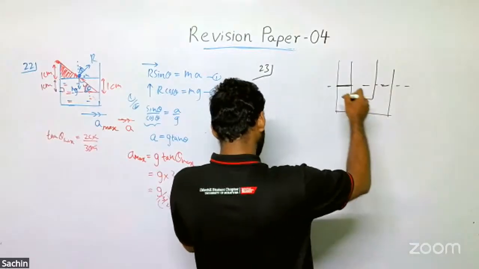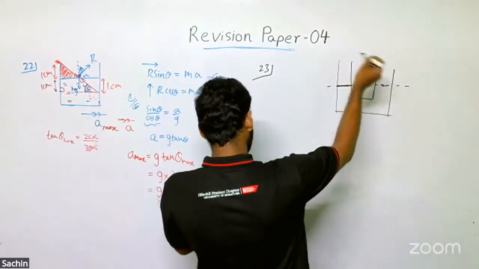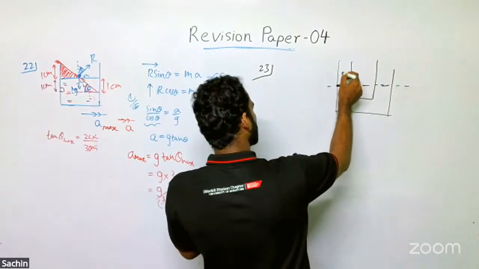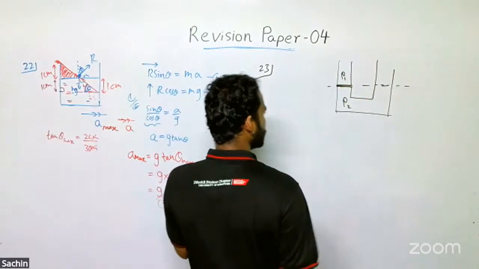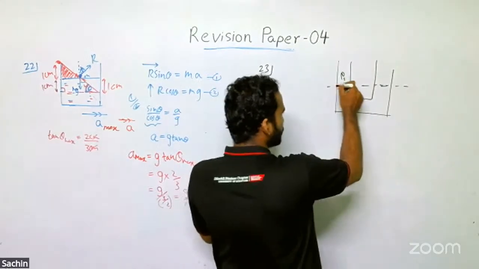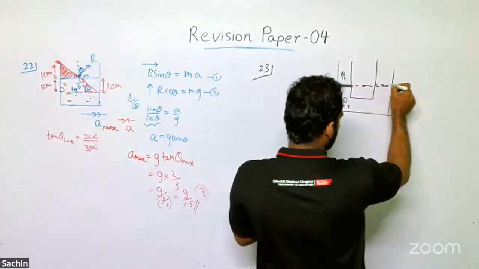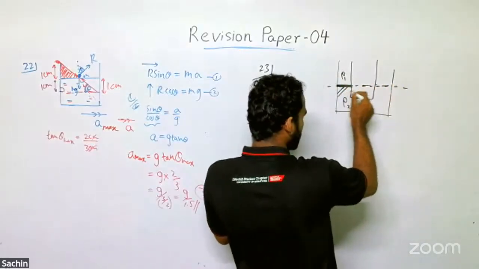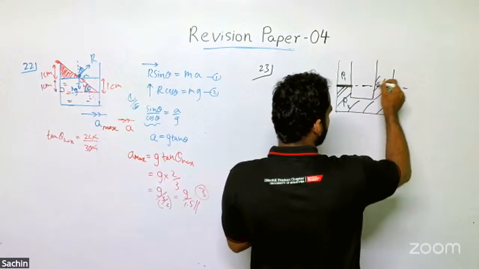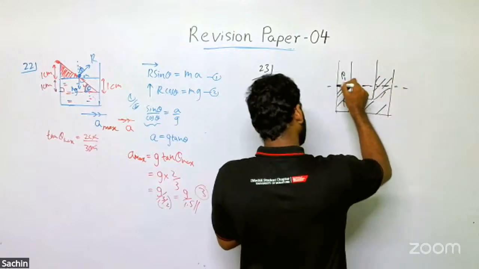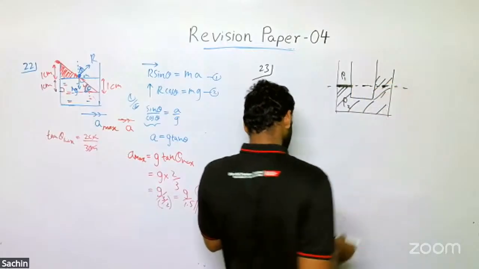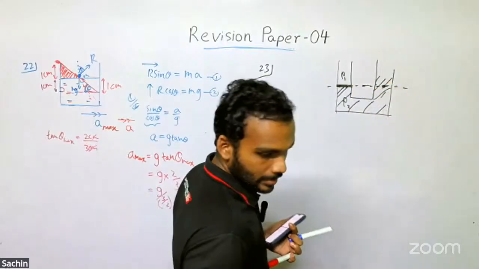So you can compare the pressure balance at the interface, which is between rho 1 and rho 2. If you extend the level, you can see downside that will be the same liquid.